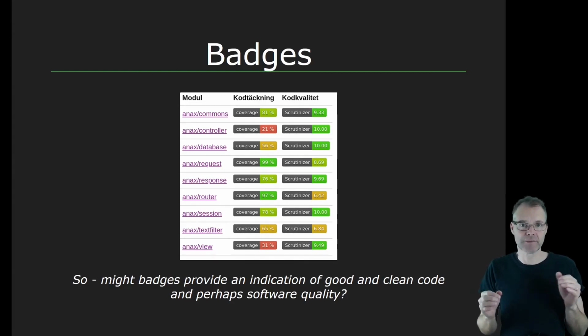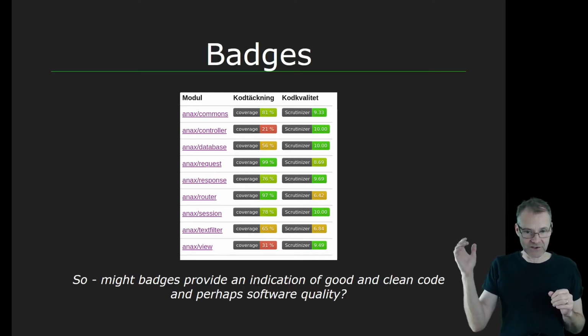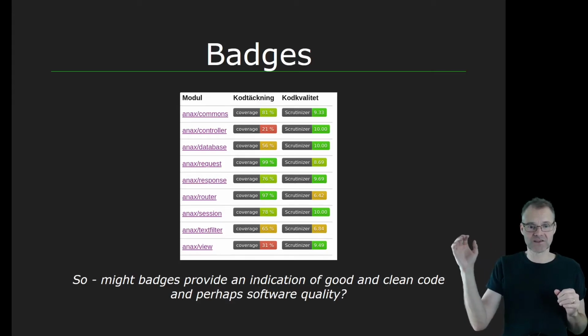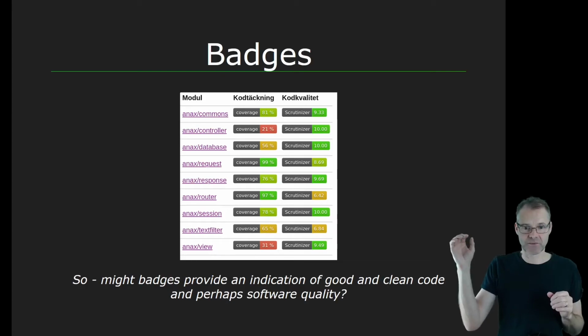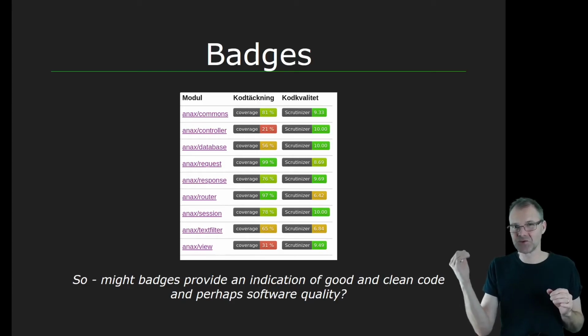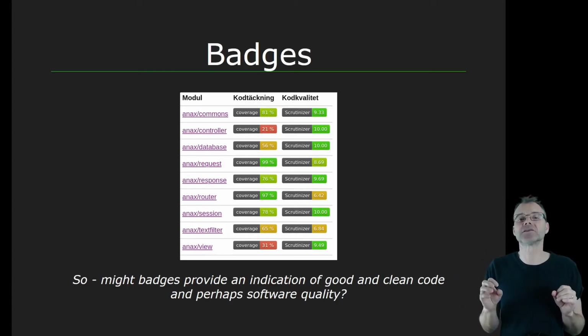Maybe it is, maybe it's not. We can also see, if we combine these 2, that the code quality and the code coverage, they're both yellow on this text filtering buffer at the bottom. Perhaps that is an indicator that this particular module could be an area of improvement for the next release of our project here.